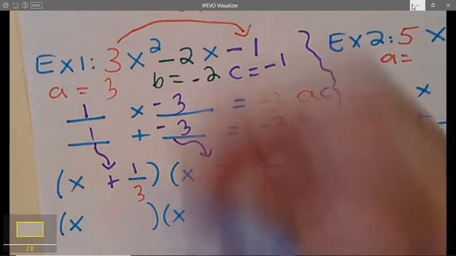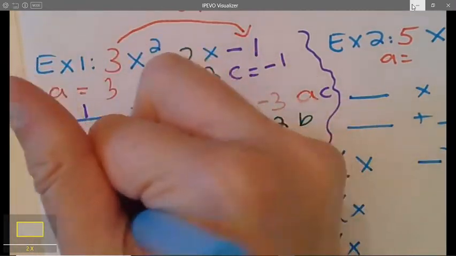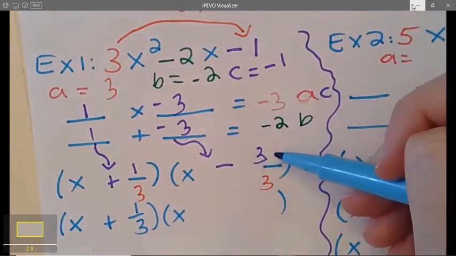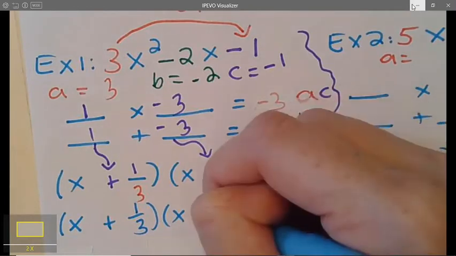So guess what? I'm going to bring on down my 1/3, so plus 1/3. And then -3 divided by 3, well, that will be a -1.